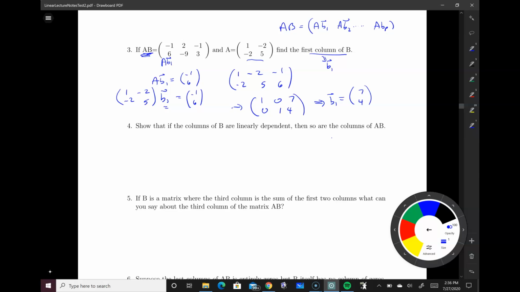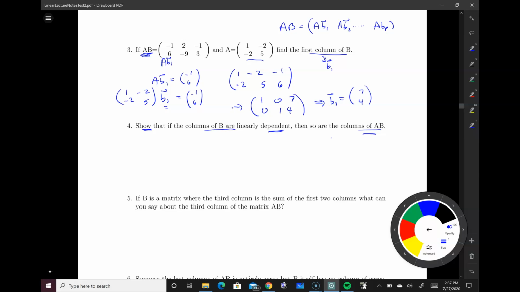All right. So moving on to some more thoughtful questions. What if I want to show that if the columns of B are linearly dependent, so are the columns of AB? Let's think about what linear independence and dependence are.